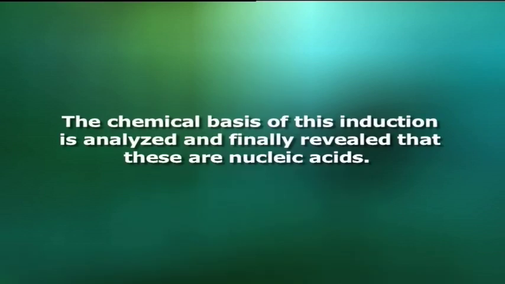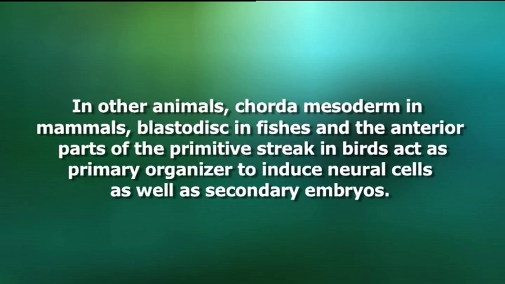The chemical basis of this induction is analyzed and finally revealed that these are related to nucleic acids. In other animals, chordal mesoderm in mammals, blastodisc in fishes, and the anterior parts of the primitive streak in birds act as primary organizer to induce neural cells as well as secondary embryo.